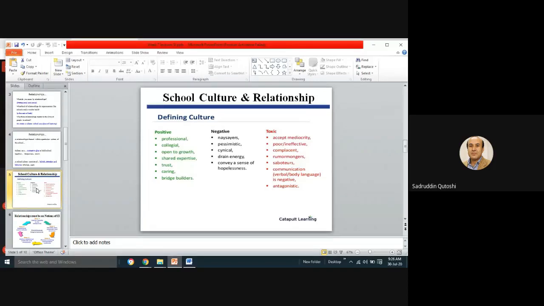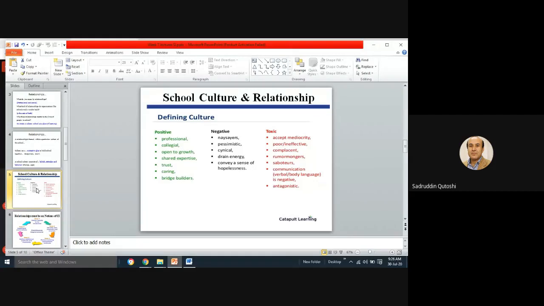Positive culture is professionally and collegially open to grow, open to improve our own capacities. That is how you can understand the meaning of positive culture.